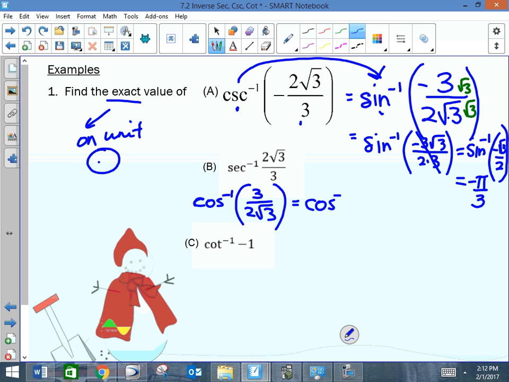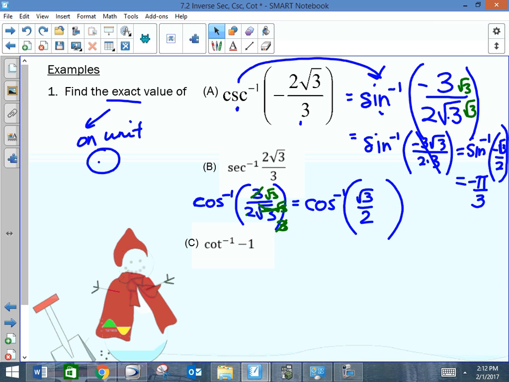What is that really? I think we just had one like that. So what is that? Radical 3 over 2? Get rid of this. This becomes 3, 3, 3, 3. There's a radical 3 over 2. Just did it right here except with the negative.